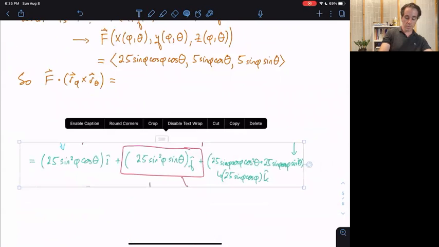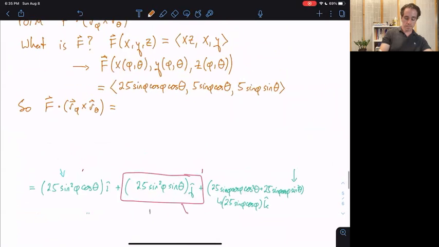All right, just so that I've got it right in front of me, this is going to be this guy times this guy. So that will be 25 times 25 is 625 sine cubed of phi cosine of phi cosine squared of theta.